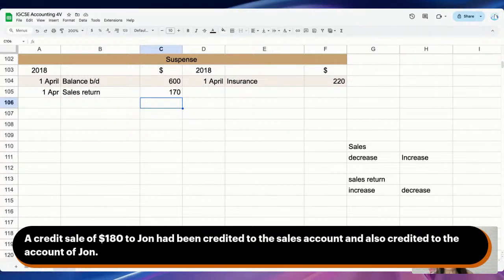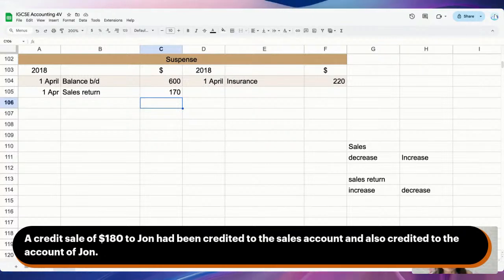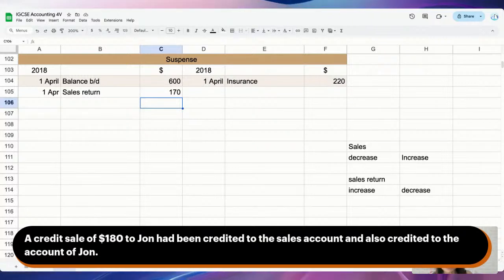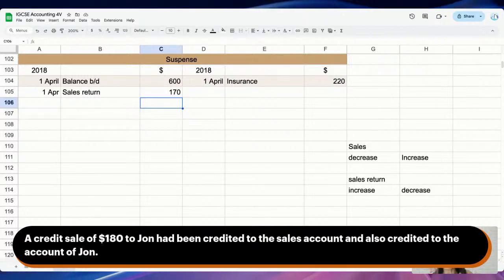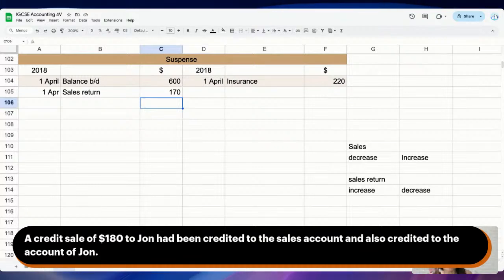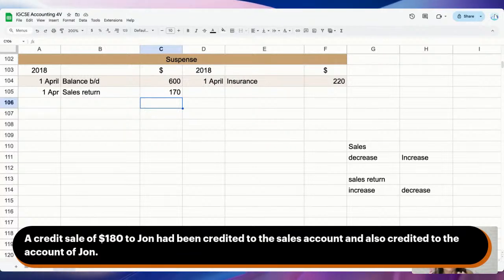Then the problem is the second part of this sentence: and also credited to the account of John. Oh, come on. We credit sales, we have to debit John. Unfortunately, the one that made the mistake went and credited John as well.